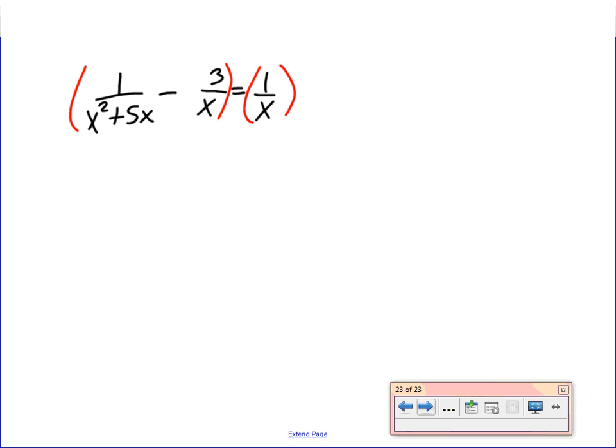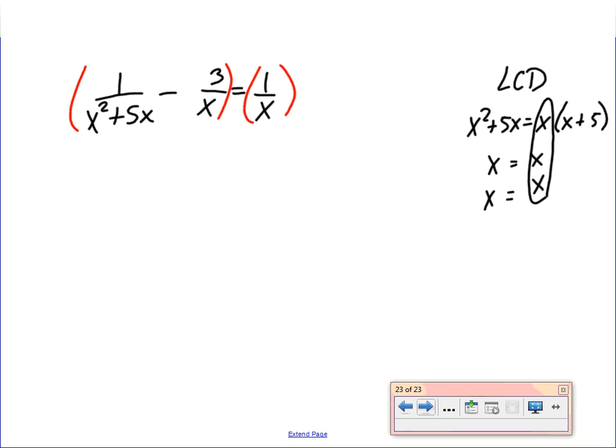Well, here's how we found the least common denominator. I took each of the denominators, factored them out, which in this case would be this one right here. The others are going to just say x. So this is part of my least common denominator, but so is this one over here, x plus 1. That's what I'm going to be multiplying both sides by.